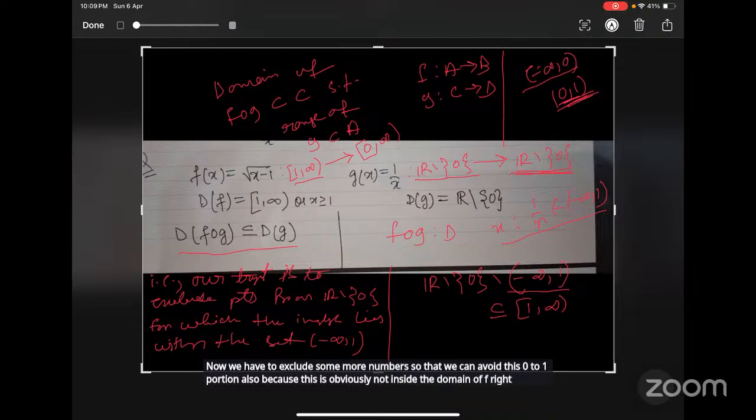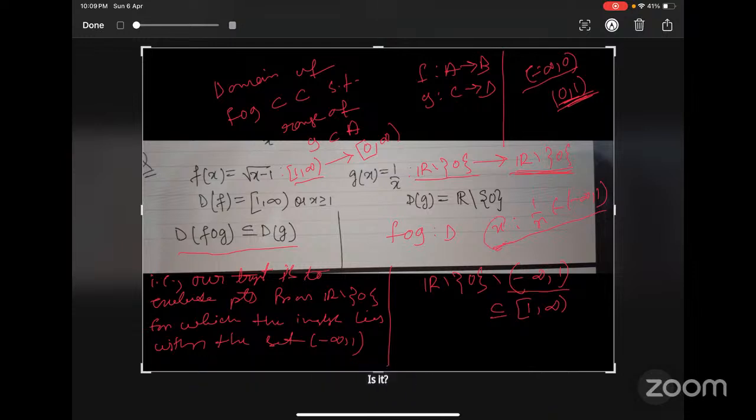So we have to exclude 0 to 1, that is, we have to exclude those x for which 1 by x is inside 0 to 1. No, 0 to 1 is the interval. We have to remove that interval from the range of g, right?